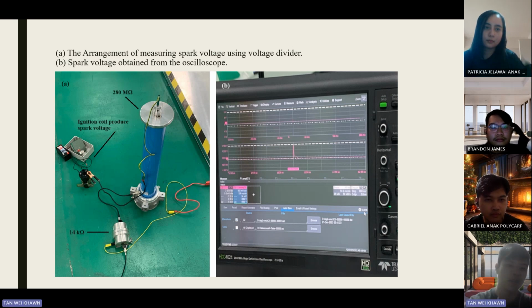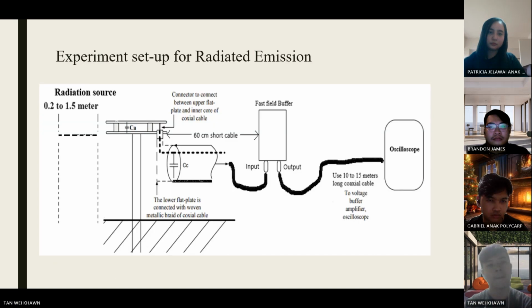Then it is connected to the 14 kilo ohm, and then to the oscilloscope using a coaxial cable. The grounding is connected with the red wire, and the green wire is connected to the body.